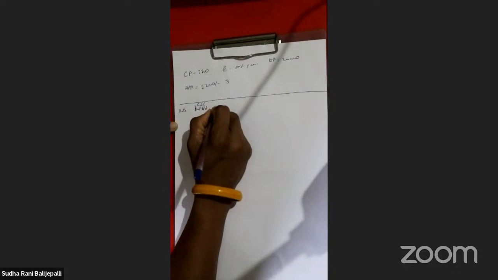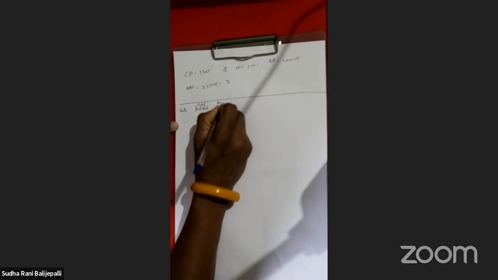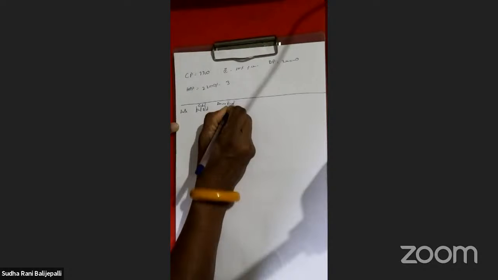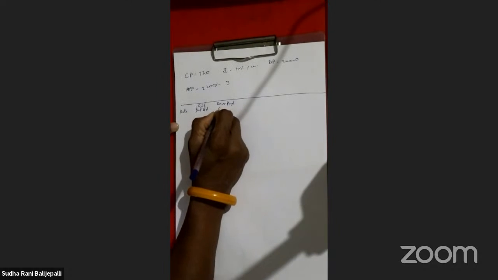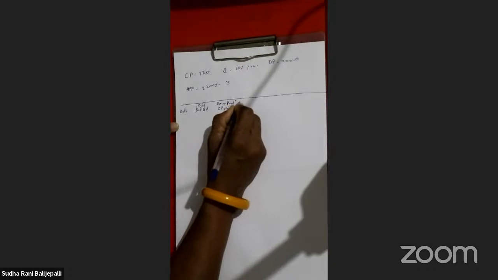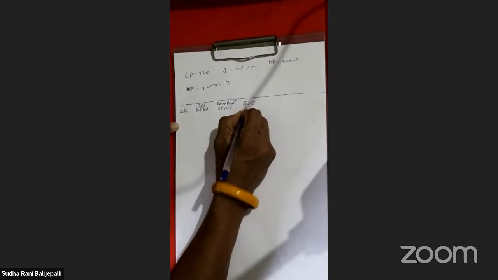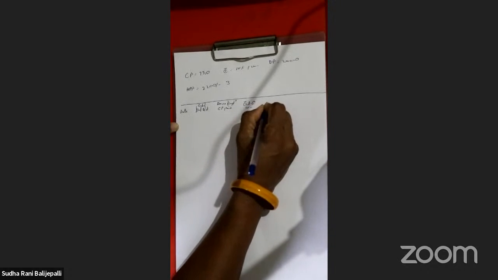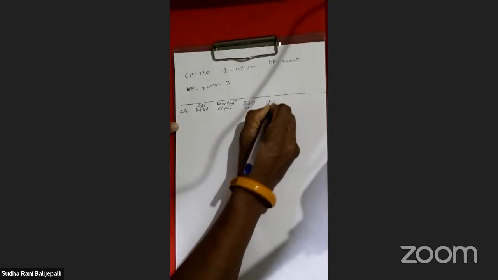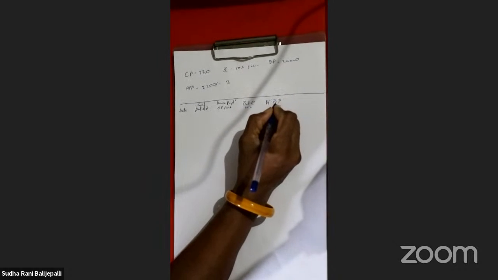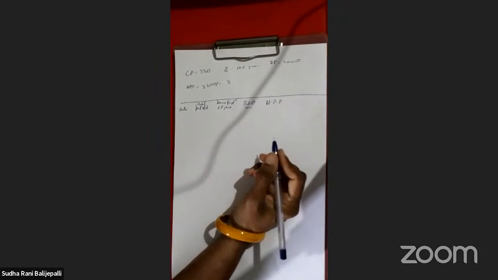The next column I'm taking as down payment or cash price paid amount. The next column I'm taking interest at 10%, and then I'm taking hire purchase price. Am I audible? Okay, I'm taking these columns.